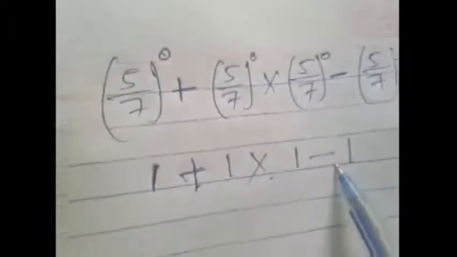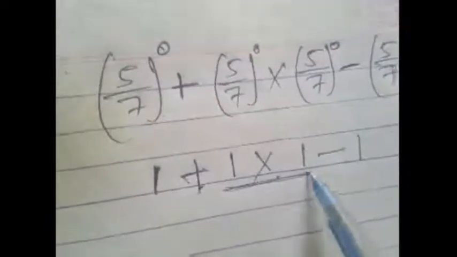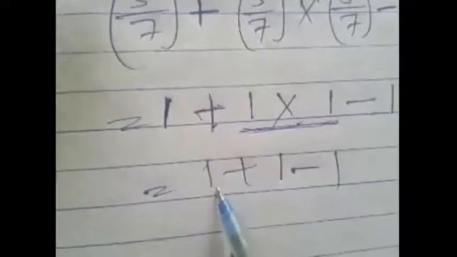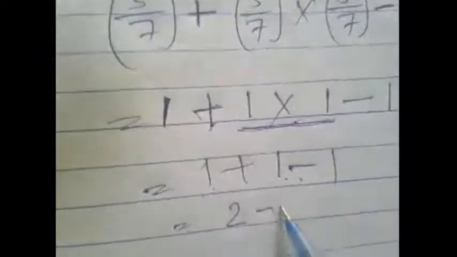So according to BODMAS, first of all we have to multiply these two numbers, and 1 multiply 1 we will get 1, and again write the rest. Then we will do addition according to the BODMAS rule. So 1 plus 1 we will get 2, minus 1, and 2 minus 1 we will get 1 as the final answer for this question. So question number 4, the value of this large expression is 1.